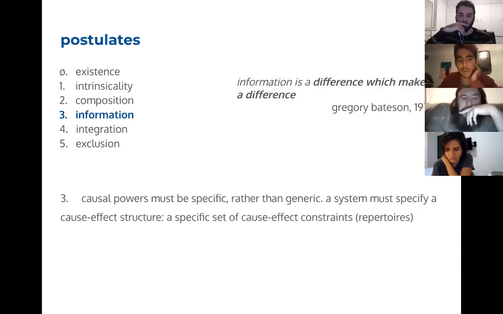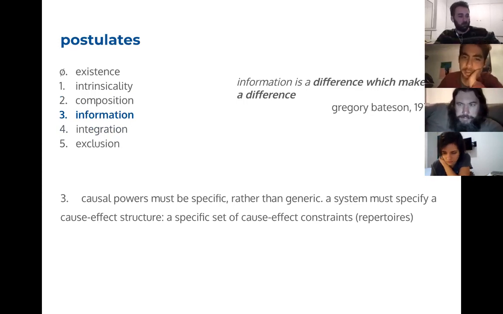Yeah, so I'll start to get closer to the actual formalism. The definition of information probably comes from Bateson. It used to be defined that way in IIT, but they dropped that for some reason. So information is the difference which makes a difference.